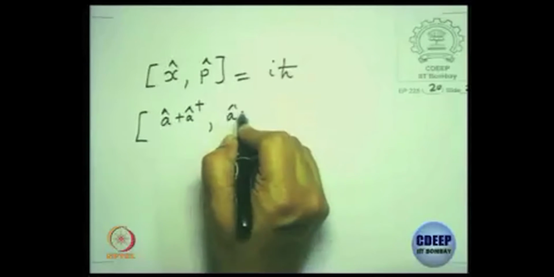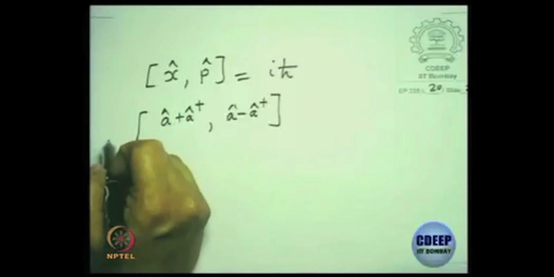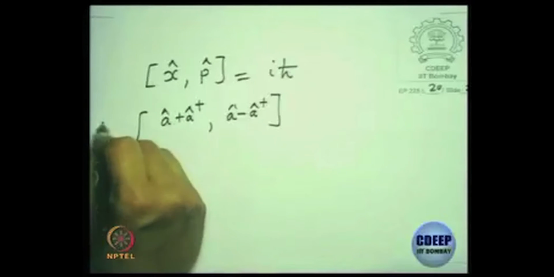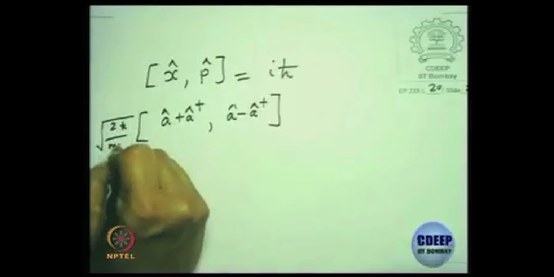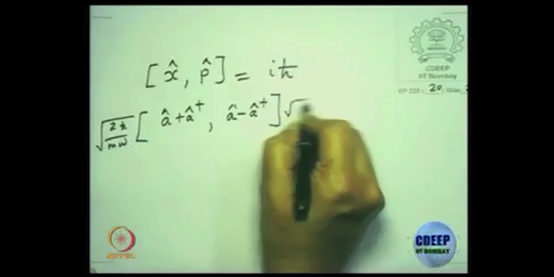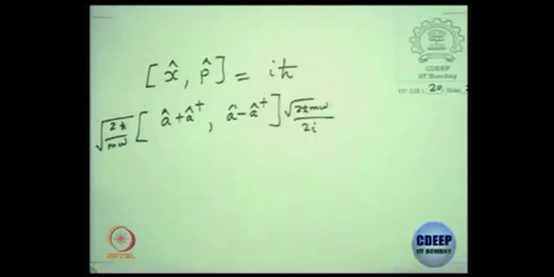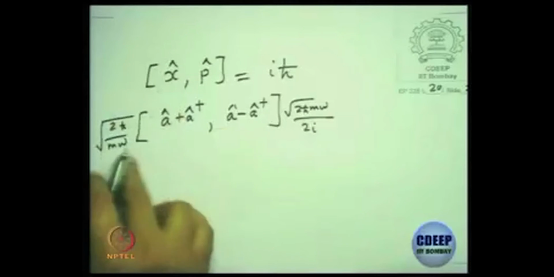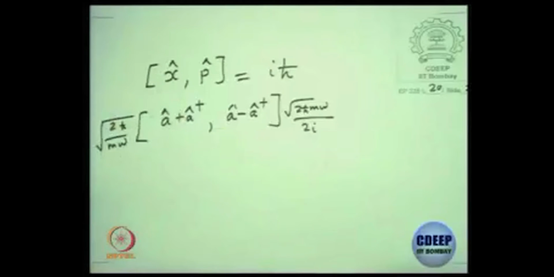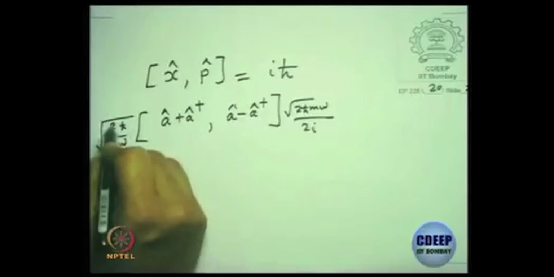I H cross, substitute here A plus A dagger and A minus A dagger. Remove all these factors out. I just substituted the X and the P. Simplify this.